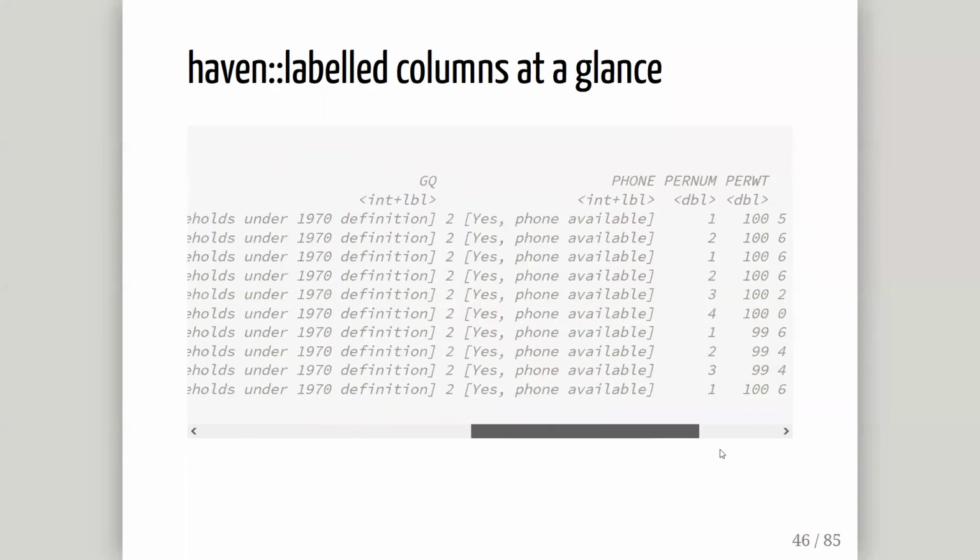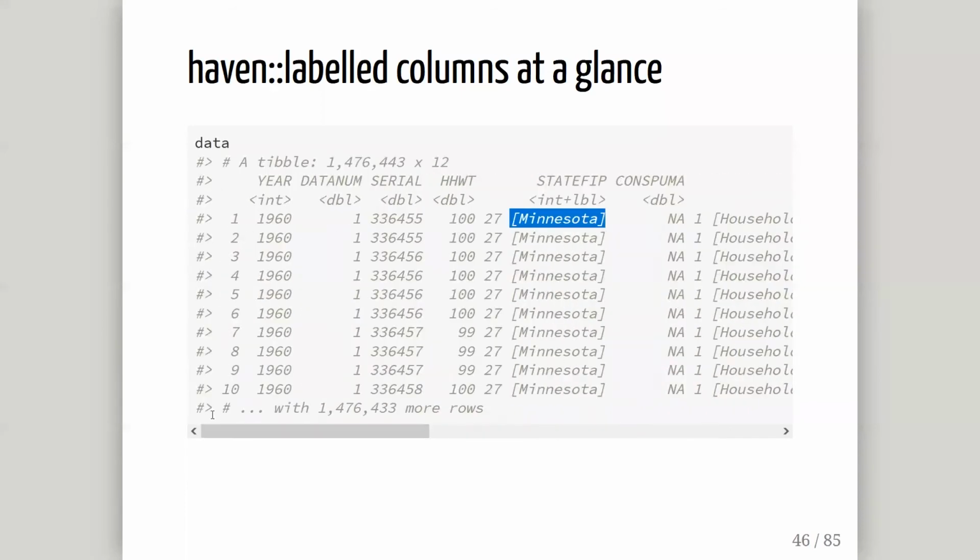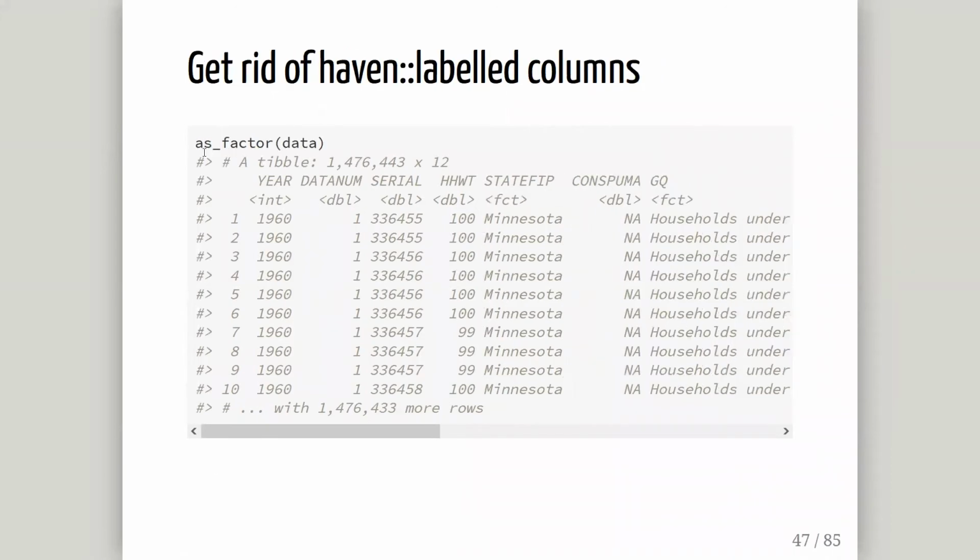There are at least two nuclear options if you just don't want these labeled objects at all. You can use the as_factor function to get rid of these columns. You can pass the whole data set to this function and it will selectively convert just the haven labeled columns to factors.